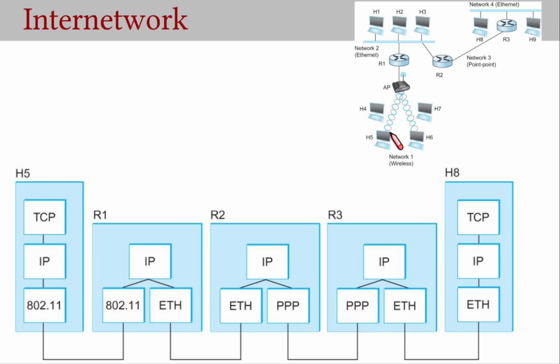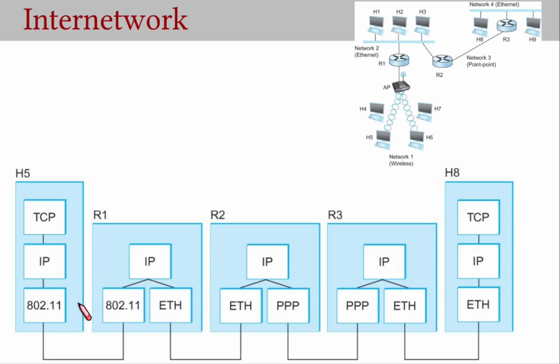The connection between H5 and router R1 is a wireless network, so the bottom of this protocol graph has 802.11, which as we know is Wi-Fi. However, this router connects on one hand a Wi-Fi network, on the other hand an Ethernet network. So it must implement both of these protocols, 802.11 as well as Ethernet.